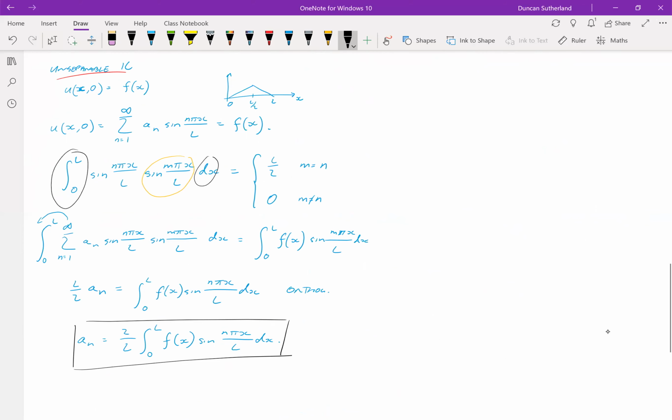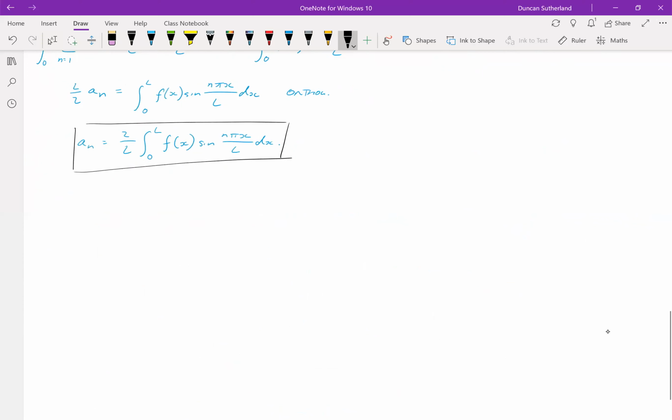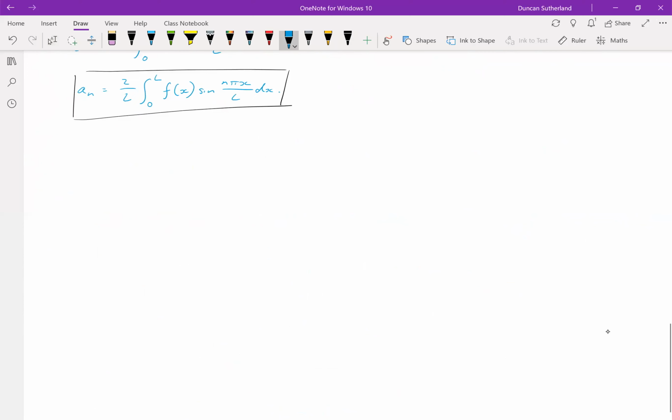So not always can you do this. We're kind of fortunate in this case to be able to do it, so let's give it a crack. We remember that f of x equals 2 alpha x over L, and then the other one is 2 alpha times (1 minus x over L), for x less than L on 2 but greater than 0, and L on 2 to L for the other.